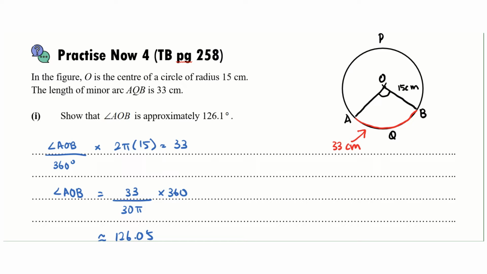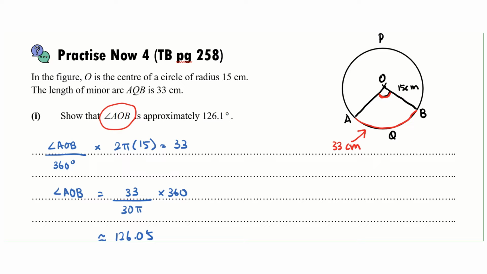In part 1, we are required to show that angle AOB is approximately 126.1 degrees. When we state that it is angle AOB, we are always referring to the smaller angle, either acute or obtuse, which is over here, rather than the reflex angle.